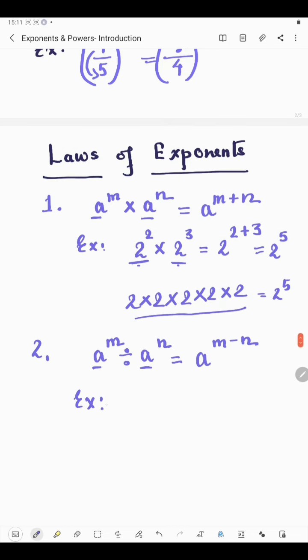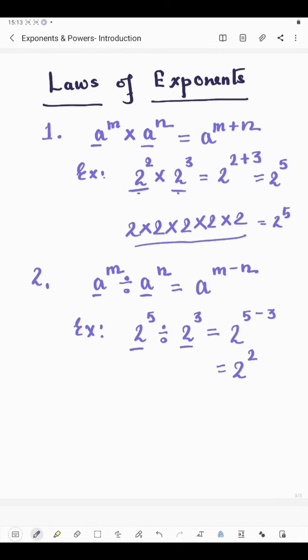Say here is 2 to the power 5 divided by 2 to the power 3. According to this law, if the base is same and in between divide sign is there, then powers are subtracted. So 2 to the power 5 minus 3, which is 2 to the power 2.